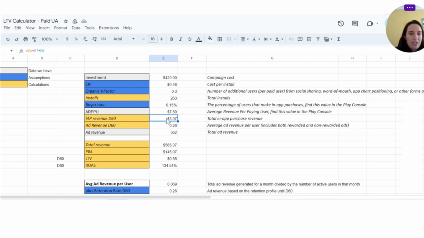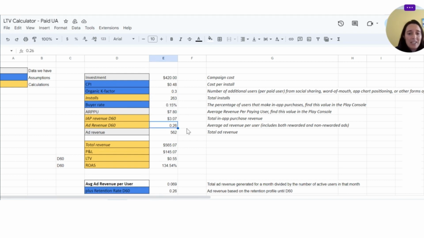In-app revenue at day 60 would be our next calculation, which is multiplying the number of installs or users by our buyer rate and by our average revenue per paying user, following our math logic.